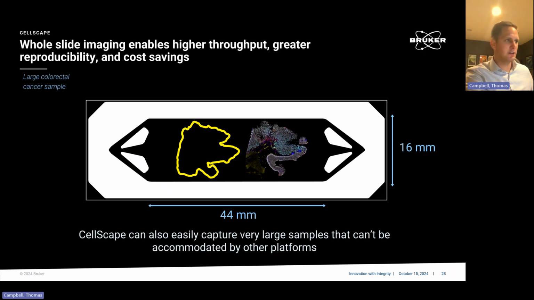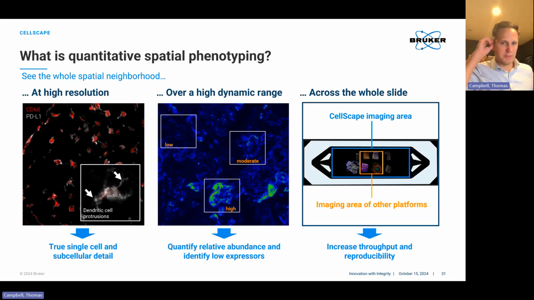We've also done things like TMAs and really large blocks that you could fit within this imaging area. So to sum up, when we're talking about quantitative spatial phenotyping, we're really talking about combining best-in-class resolution imaging over a really high dynamic range that gives us quantitative detection across both low, intermediate, and high expression. And we're able to do this across the entire slide using standard 1 millimeter histology slides.